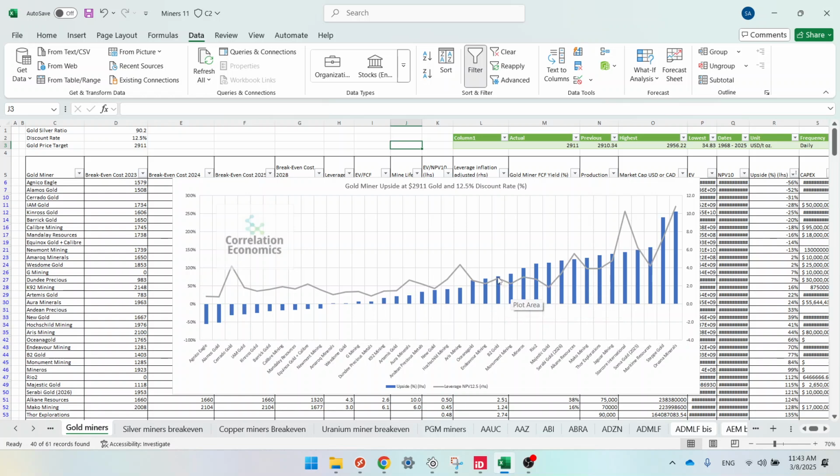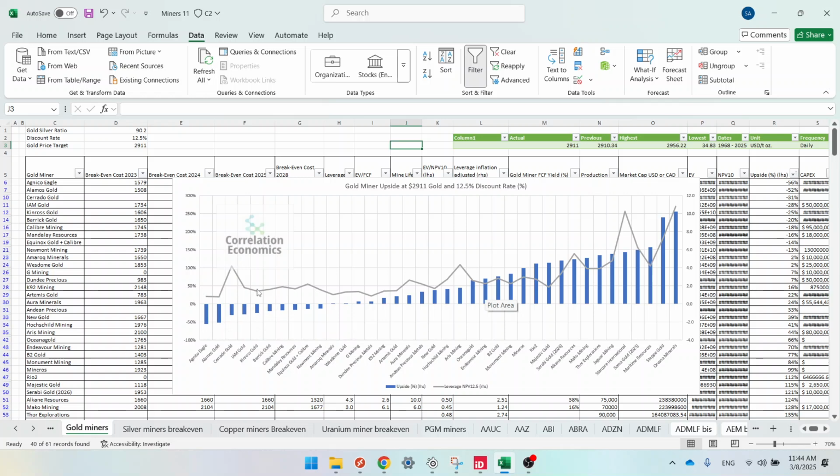It's a mid cap, so probably less leverage, but it's a larger market cap company. And Oceana Gold, the same. Then we have these ones have no upside and also no leverage.